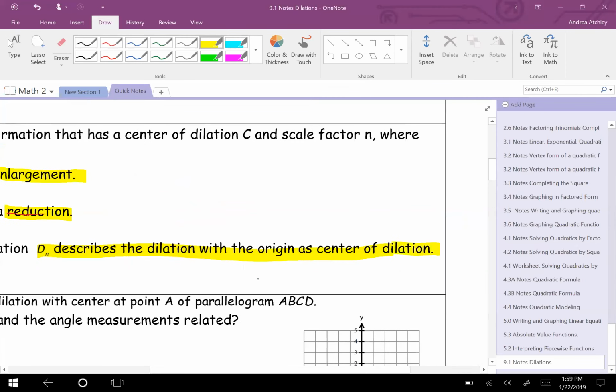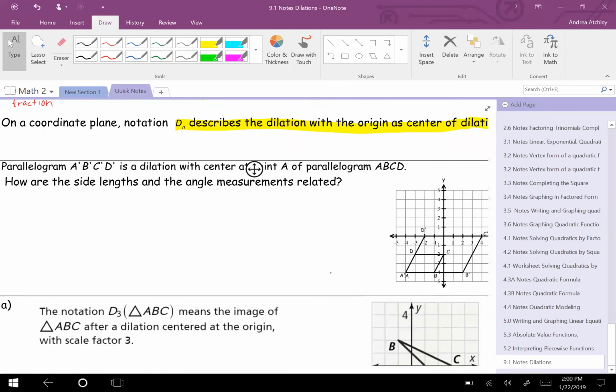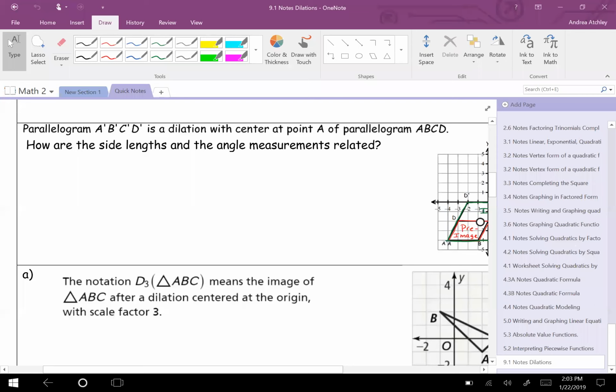Parallelogram A'B'C'D' is a dilation of parallelogram ABCD. Are the side lengths and the angle measurements related? Okay, how are the sides related or how are the angles related? What did you say? The angles are the same.